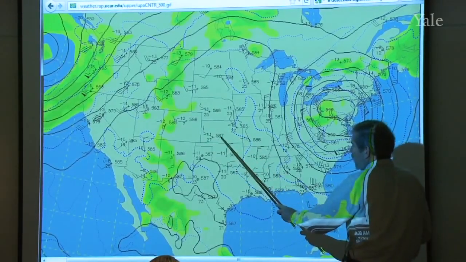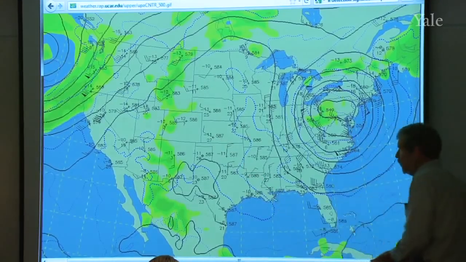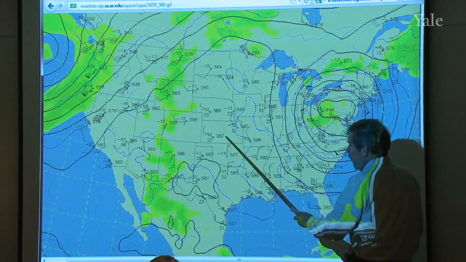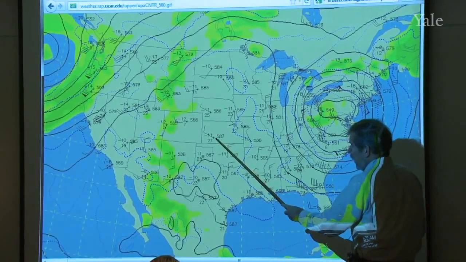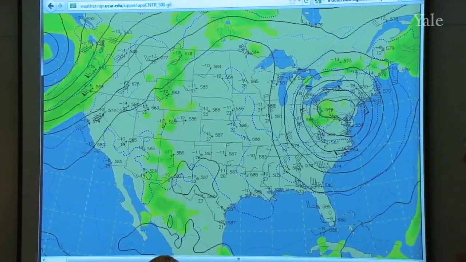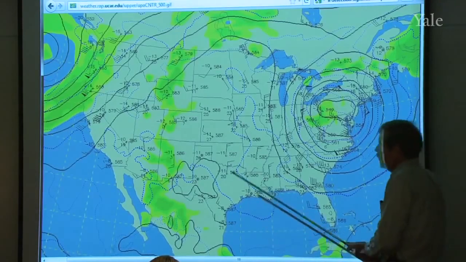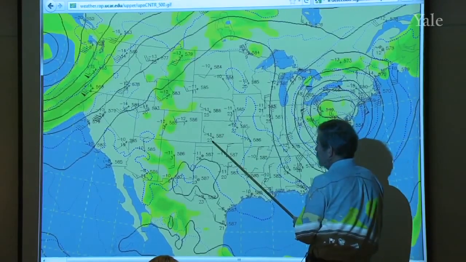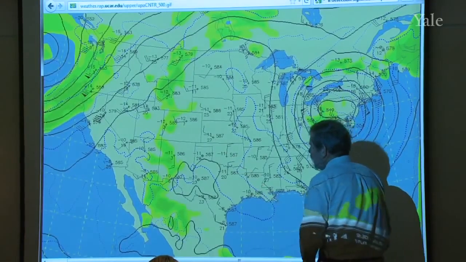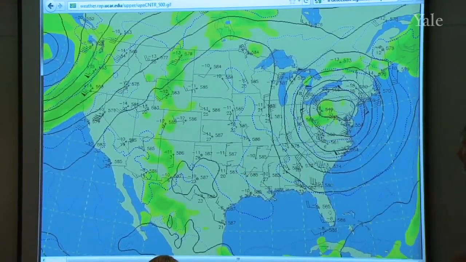So to the right of the symbol is the altitude of the 500 millibar surface with the 1 0 left off. So that at that station, the 500 millibar surface is 5,870 meters above sea level. The temperature is minus 27 Celsius, and the dew point is minus 11 Celsius.